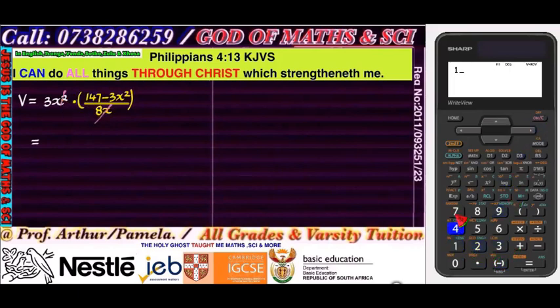So meaning I'm having 147 times the 3, so it's going to be 441x minus, well, 3 times 3 is 9, so 9x cubed. Everything over 8, so I will split that so that we are able to derive.